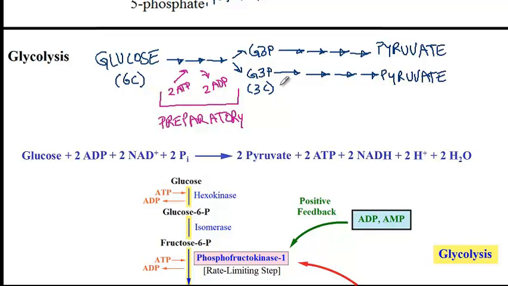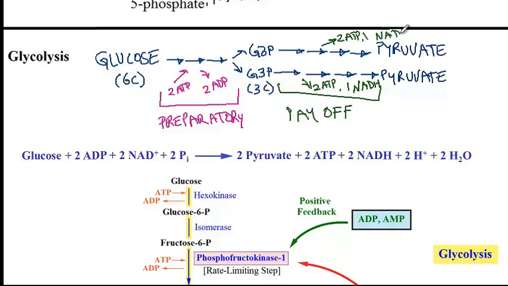And then in the second phase of the reaction, which is called the payoff phase, each molecule of glyceraldehyde triphosphate will give 2 ATP and 1 NADH. So here we will also have 2 ATP and 1 NADH.